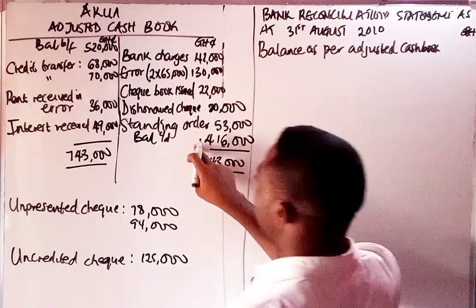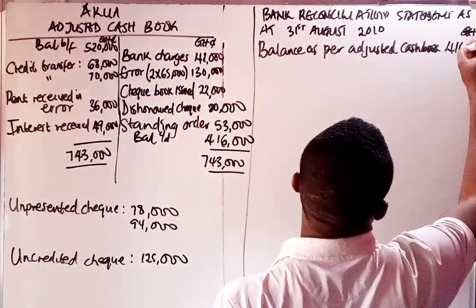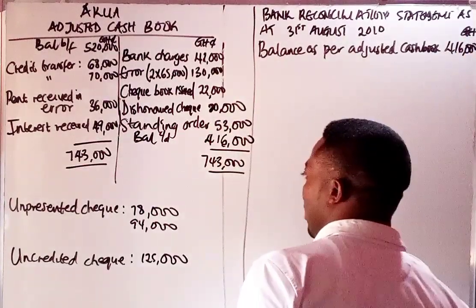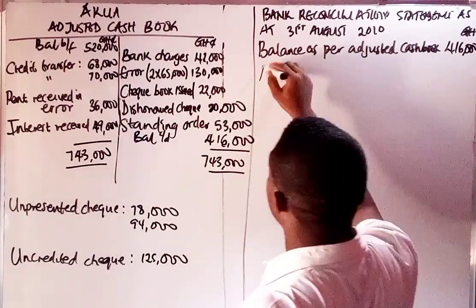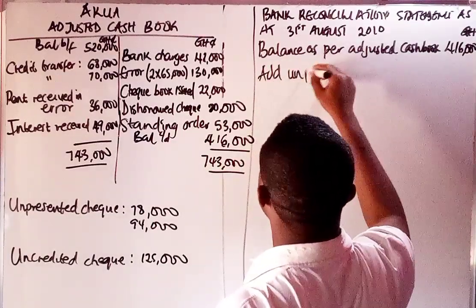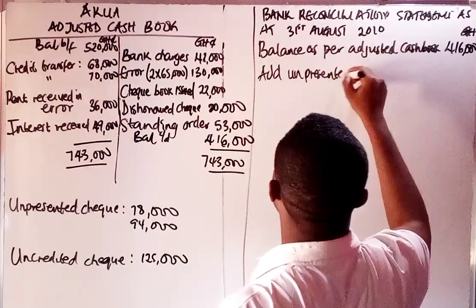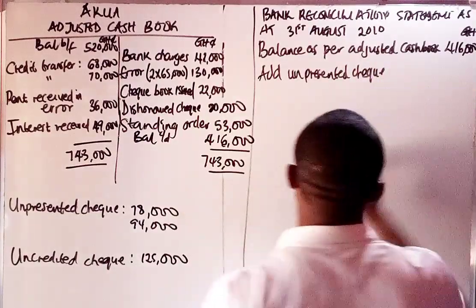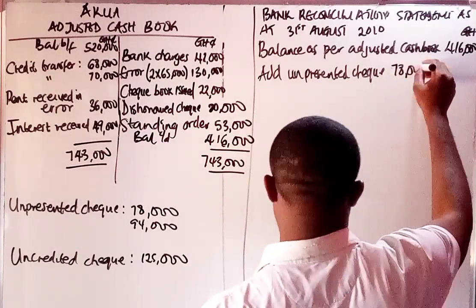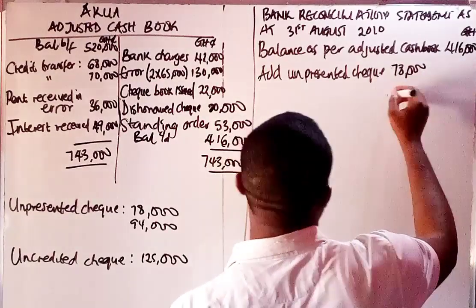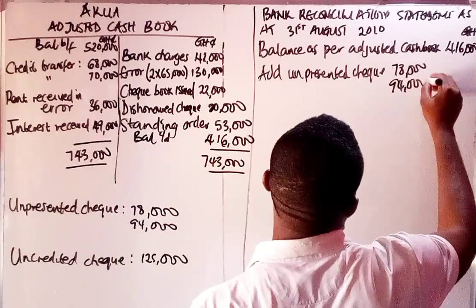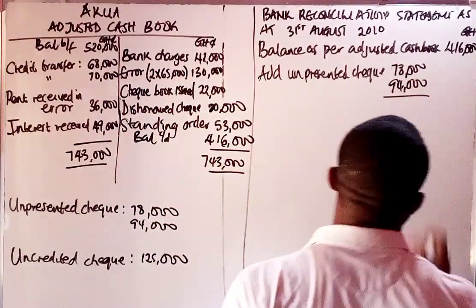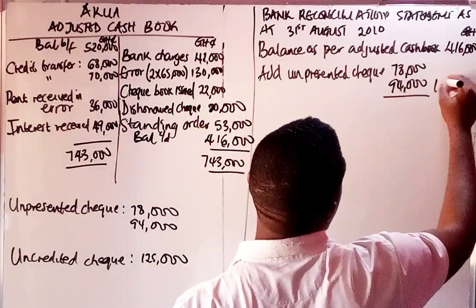Now this balance becomes 416,000. Okay, so the first thing is to add unpresented check. So we already have it here, so it will now be 78,000, okay, plus 94,000.